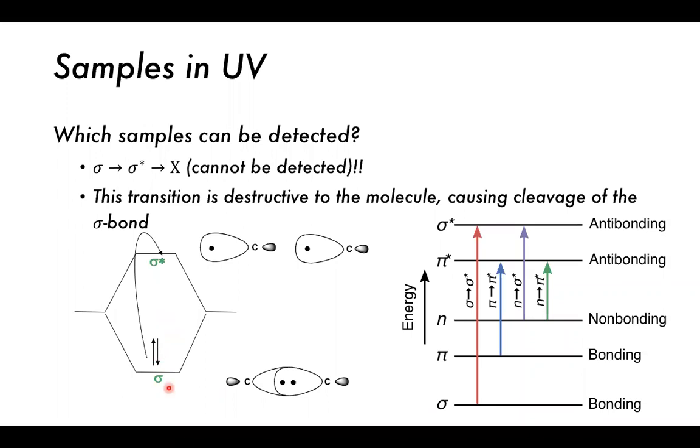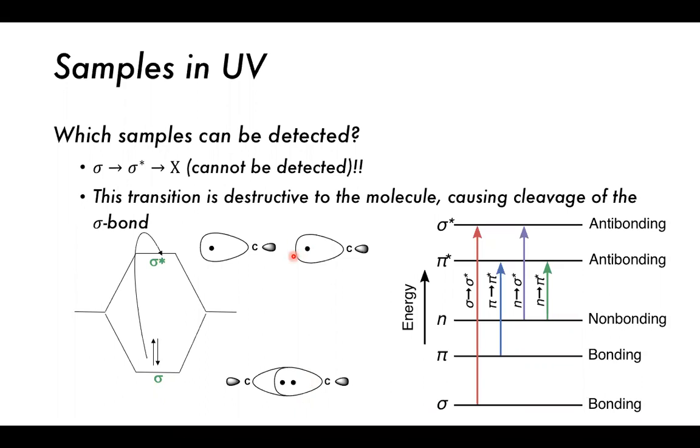And this is stabilizing because it is lower in energy than the individual carbon atomic orbitals. However, if we were to have an absorption process here from sigma to sigma star, what would happen is that one of the electrons would go into the topmost orbital. This is an anti-bonding orbital. And what would happen is that there would no longer be sharing of two electrons between the two carbons, thus forming a covalent bond. Instead, we now would have only one electron here and the breaking of this covalent bond.